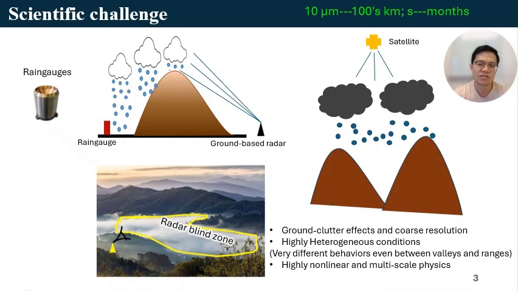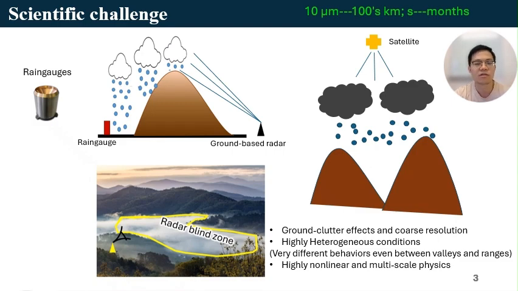The scientific challenge of estimating precipitation in the mountains involves several parts. First, we don't have enough rain gauges because it's hard to access the mountains. Second, in terms of ground-based radars, due to topographic constraints, the radar beam signal tends to overshoot and cause large errors in rainfall estimation, particularly over the valleys.